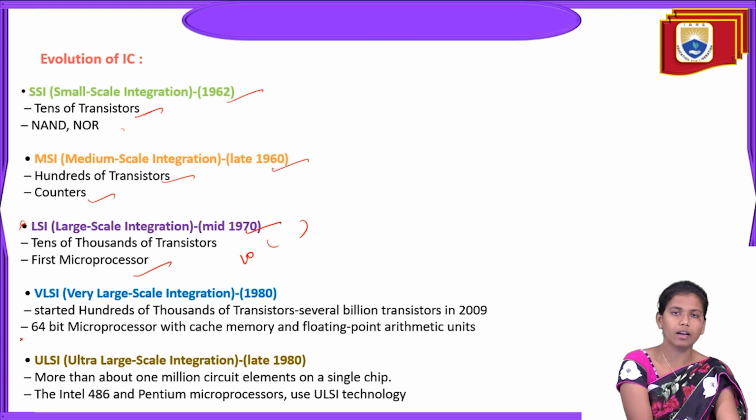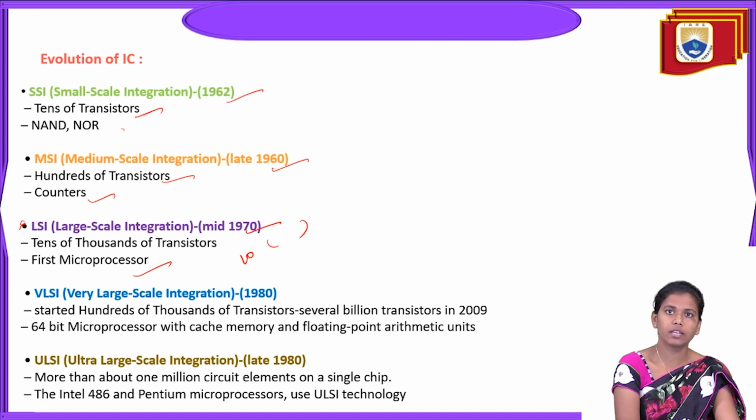From this era onwards, the evolution of the chip increased. The evolution of ICs, integrated circuits, exploded from the mid-1970s.